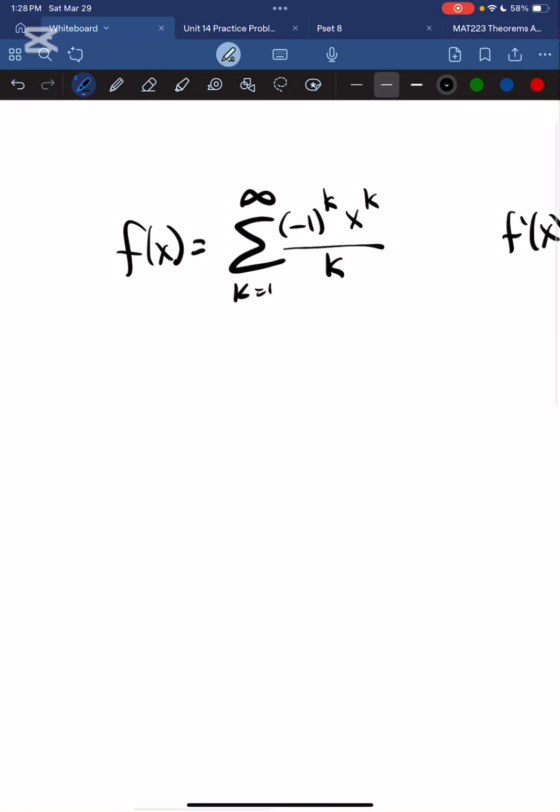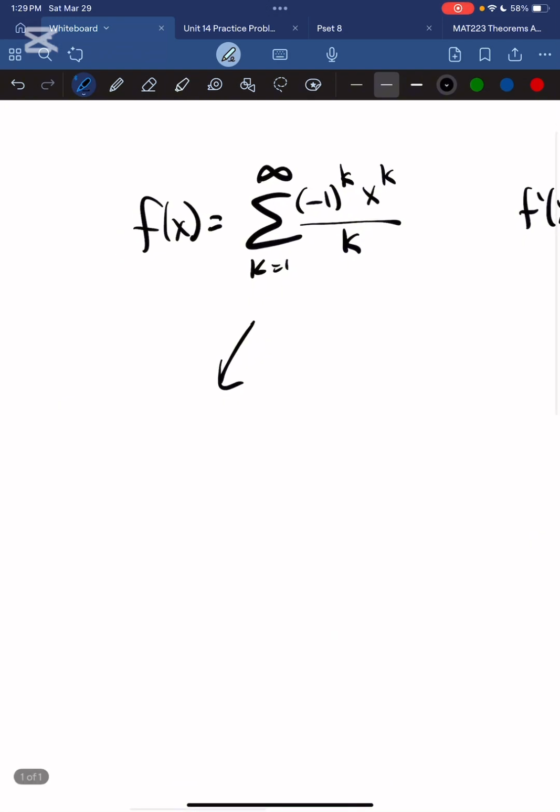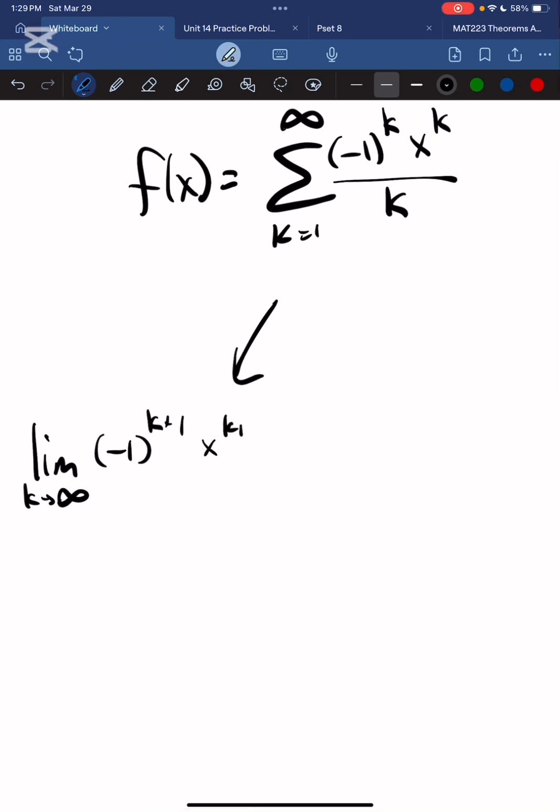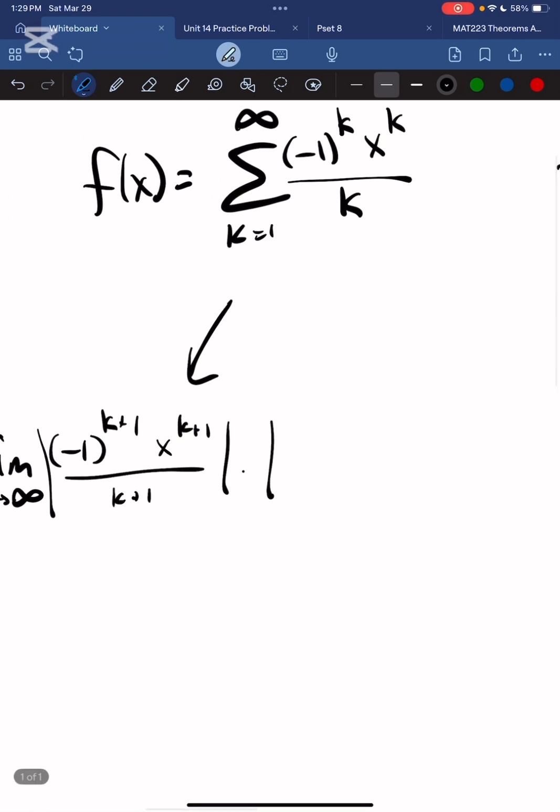This guy, let's determine his interval of convergence. What test should we use? Let's just use the ratio test. The ratio test is very consistent.